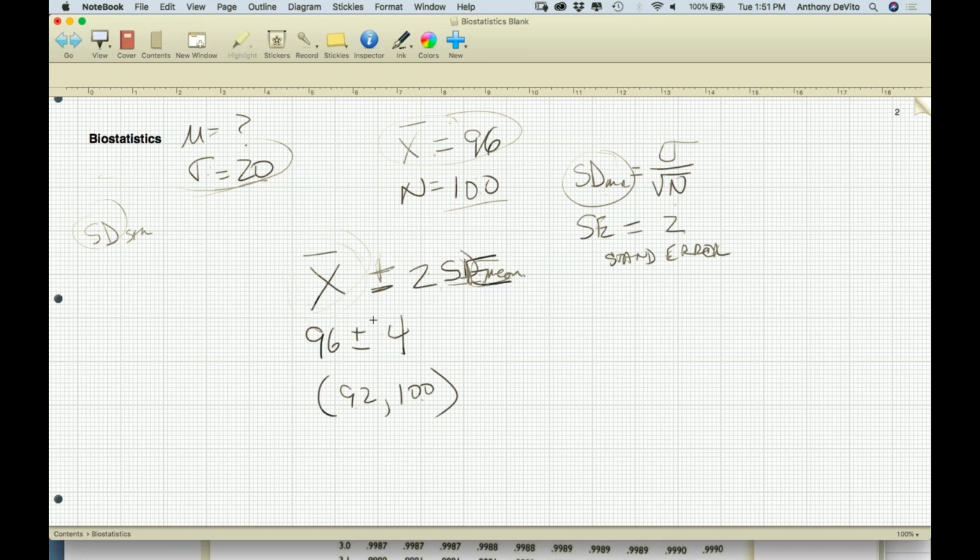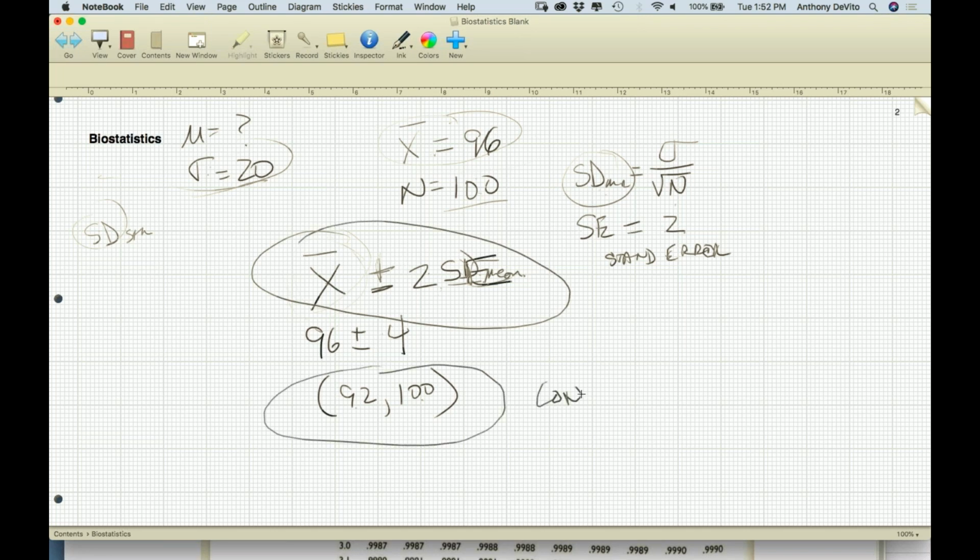So in fact, my range here is a confidence interval, right? In other words, I have 95% confidence. Why 95%? Because I took 2 standard deviations. 95% confidence that the true population mean, mu, which I'll never know, is between these 2 numbers. Think of the power that gives me now.